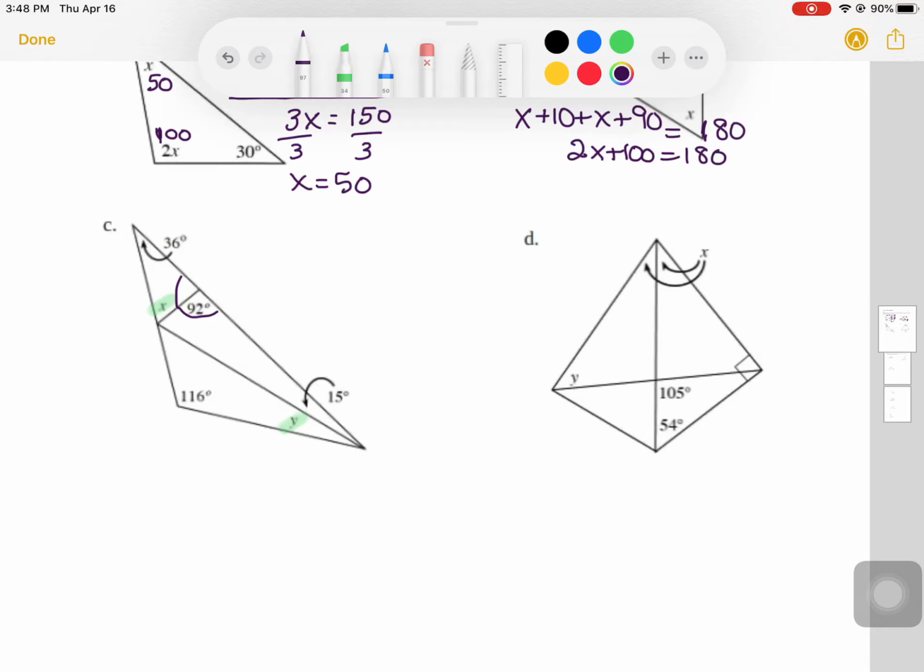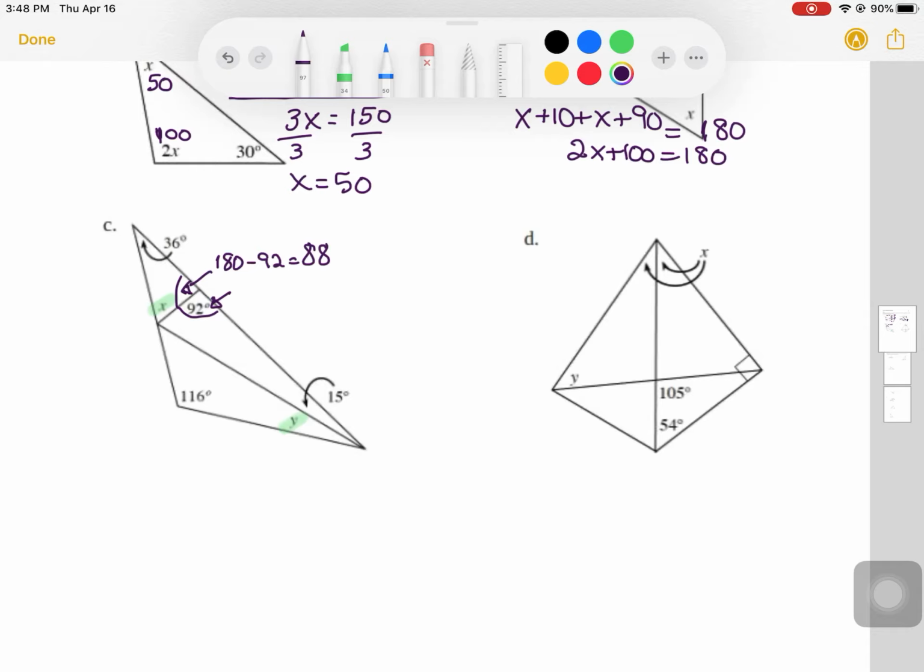What I notice is that this angle right here is 92, and it makes a straight angle with this one right here. So I know that if this is 92, the other angle has to be 180 minus 92. So 180 minus 92 would be 88.